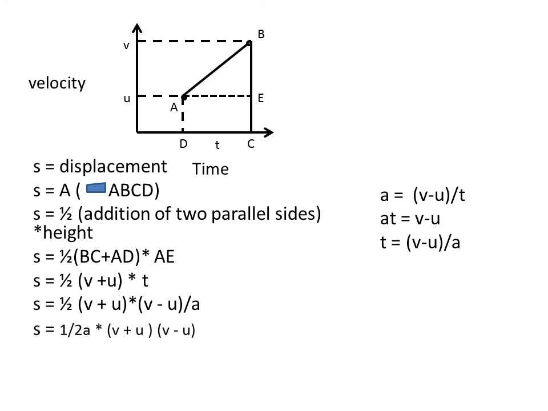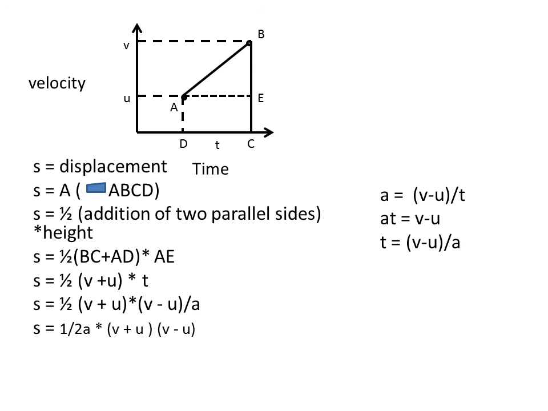Now let us rearrange the terms further. Now you will come across something which is familiar to you. What is this, v plus u, v minus u? Yes, it sounds like a plus b and a minus b, right? a plus b multiplied by a minus b. So it is a famous algebraic identity. So what will you write down?